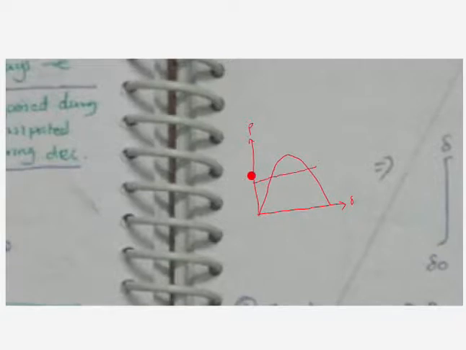This is our mechanical power and this is our electrical power. So this is the current situation, and this would be our delta zero and this would be our delta. If the system starts swinging, right, this area has to be less than this area. We will look at that.